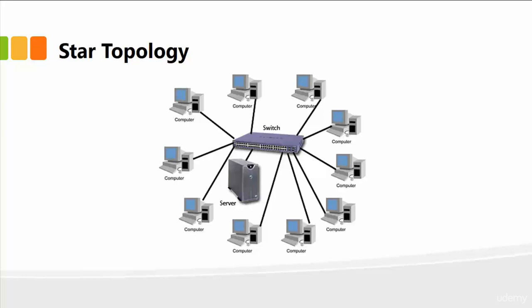So therefore it's called a star topology, and it's fault tolerant because if one of the computers goes down, for instance, nothing happens to the rest of the computers because they're sharing resources through a centralized device called a switch. For example, data is passing through the switch. So each of the cables from each of these computers is connected to the switch, and then from the switch a cable is connected to your server.